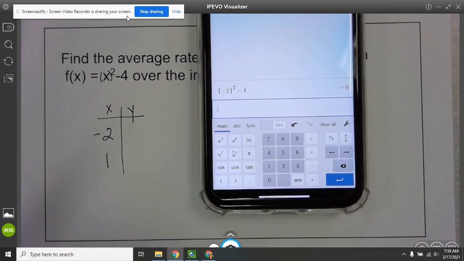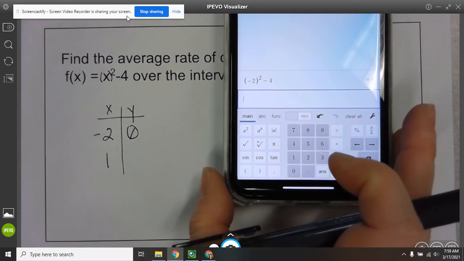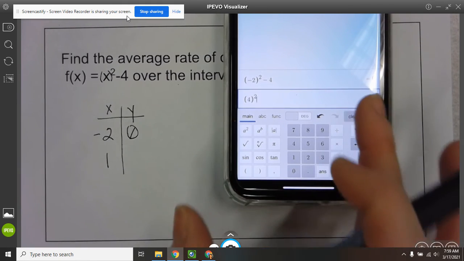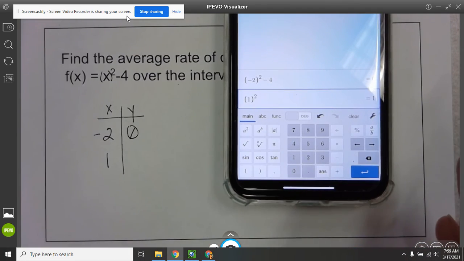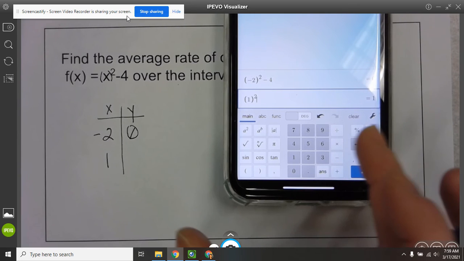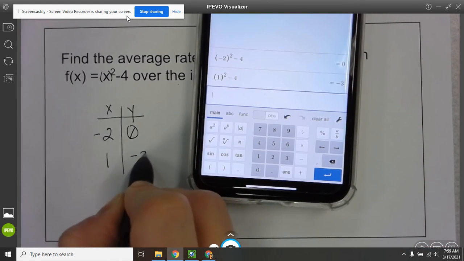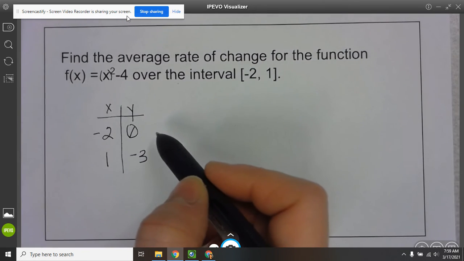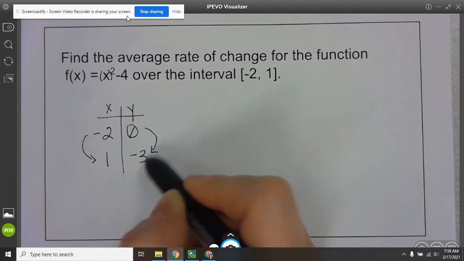And I'm just going to let my calculator do all the work. And then this answer would be 0. And then I'm going to do the same thing with 1. And just because I am a creature of habit, whenever I'm substituting into a function, I always use parentheses, personally. So this is, you can't see it, this is -3.